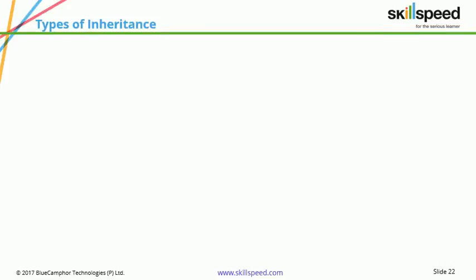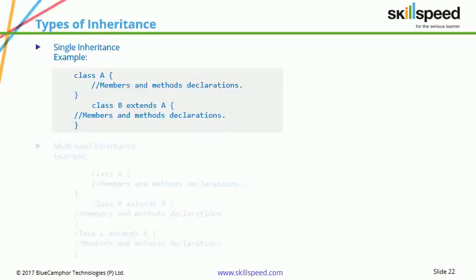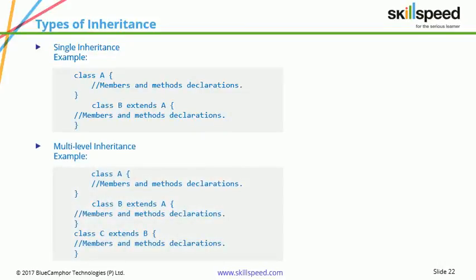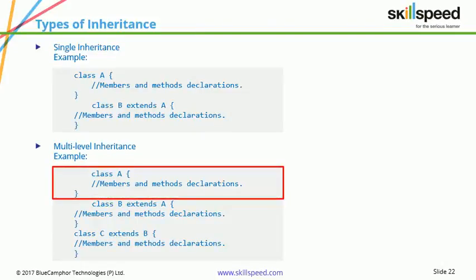Let us look at the examples of the types of inheritance we just discussed in diagrams through code examples. Example of single inheritance: write class A and write the members and methods with the declarations. Then we have class B extends class A. Inside class B, we will write our members and methods of class B. The example for multi-level inheritance: we have a class A in which we write the members and methods with the declaration.